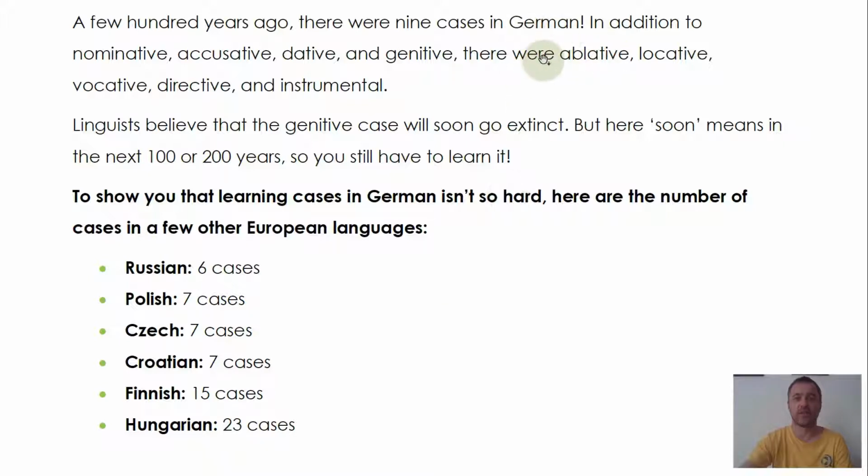And a little history lesson before, there were also more cases in German, like the ablative, locative, vocative, directive, and instrumental. We got rid of them. And it's also said that linguists say even a genitive will probably go extinct soon. But soon here really means the next 100 to 200 years.